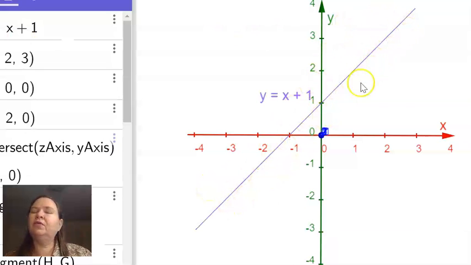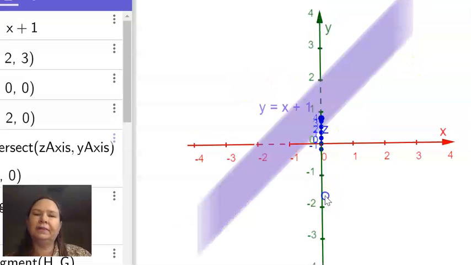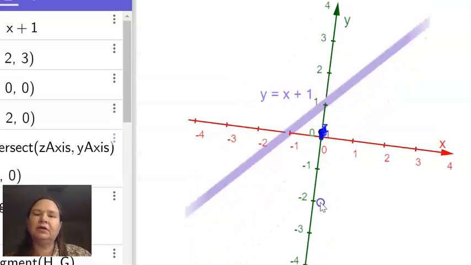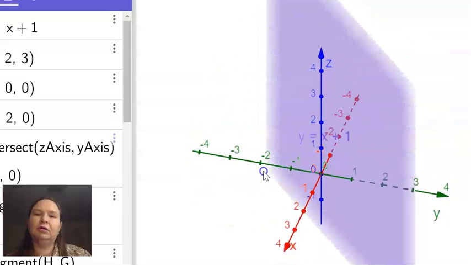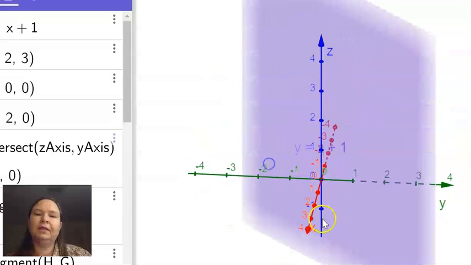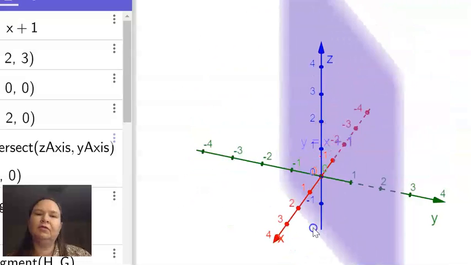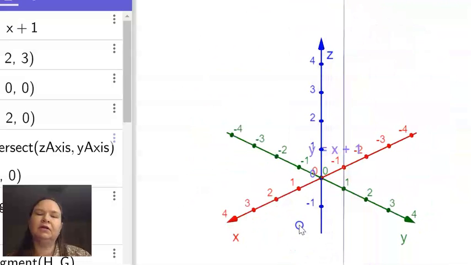And if you think about it, what's going to happen when I look at this in 3 dimensions? Well, I'm going to be allowed all the same x and y coordinates, but then this doesn't say anything at all about z, so I can have any z coordinate I want. So it's going to go straight up and down from that line. And because I have a cool program, I can move it around so you can kind of see the 3D-ness.